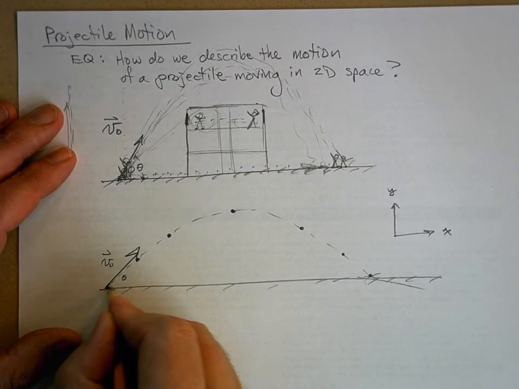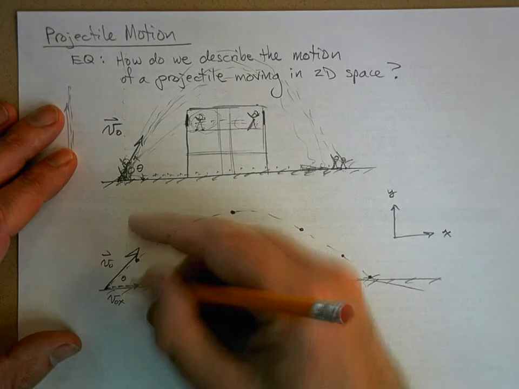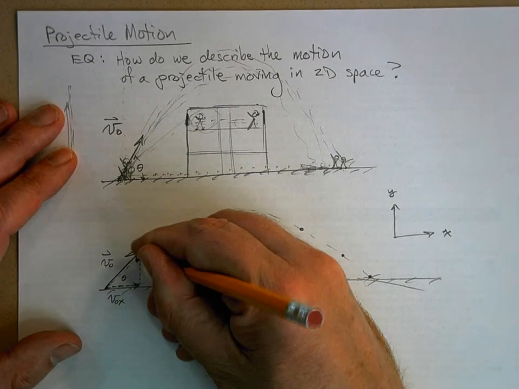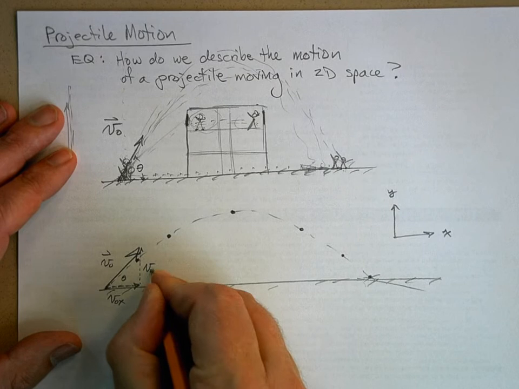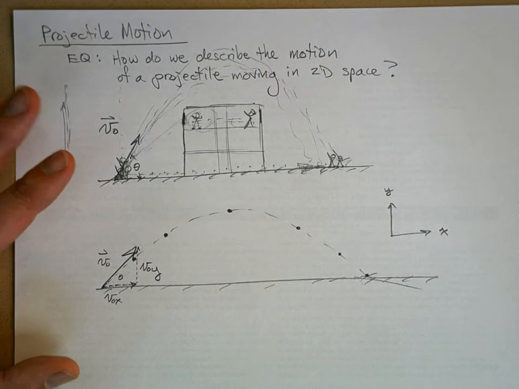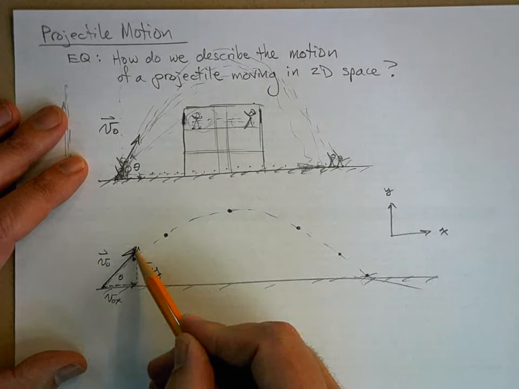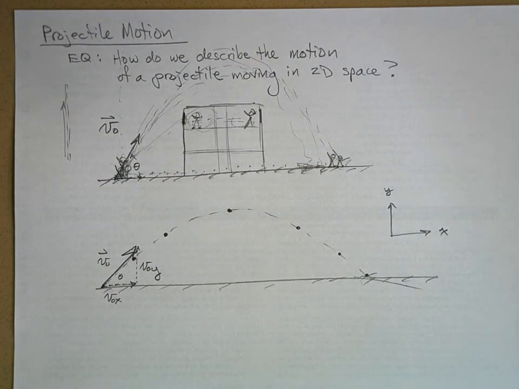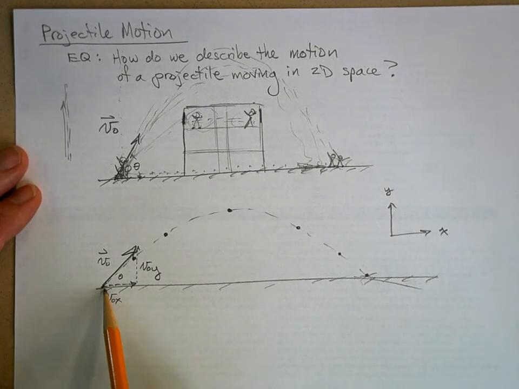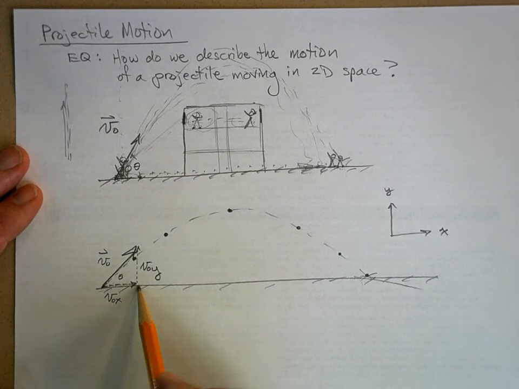All right, so one of the things we're going to need to do is take that initial velocity and say, this is the initial velocity in the x direction, and this is the initial velocity in the y direction. Okay. And notice that the total initial velocity is the hypotenuse of a right triangle composed of components v naught x and v naught y.